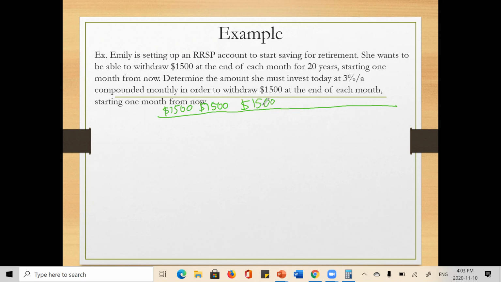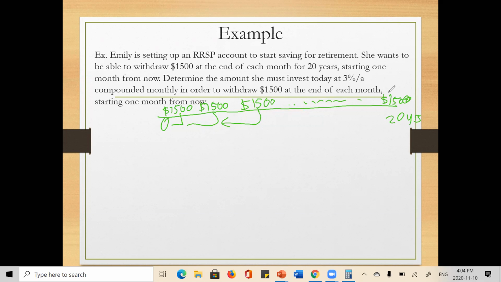Roughly speaking, this is what the timeline looks like: 0 years all the way up to 20 years, and we want to make sure this person has 1,500 they can take out at the end of every month for this whole length of time. So a couple of things. We need to first figure out what the regular payment is.